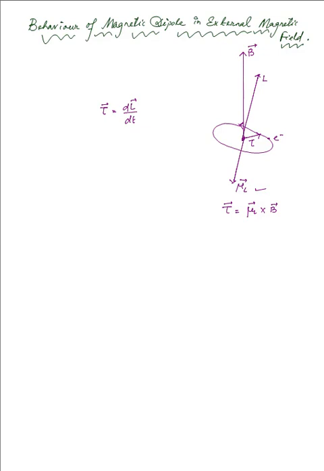As you can see, the torque is acting perpendicular to the L that is present there, or perpendicular to mu L that was opposite. So the torque acts along this line. We'll be drawing a parallel to what we have drawn there at the bottom. So it goes like this.